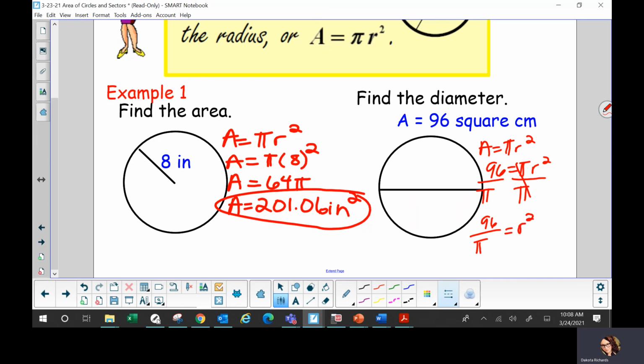equals r squared. Well, how do you get rid of something squared? You take the square root. Okay, so you can plug that in your calculator.